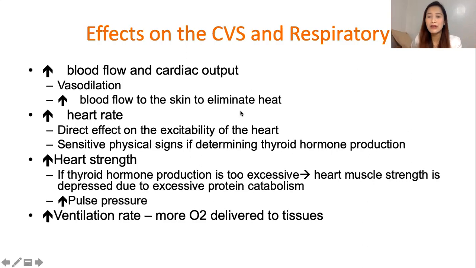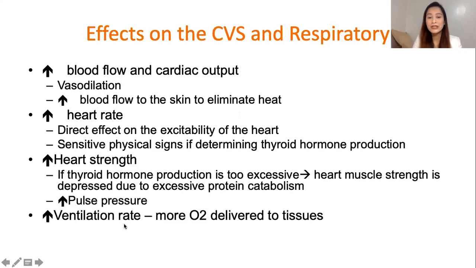That's why we also have what we call thyrotoxic heart disease, no? And there's also increase in pulse pressure. Remember, your pulse pressure is the difference between your systolic blood pressure and your diastolic blood pressure. And this is because of the vasodilation.